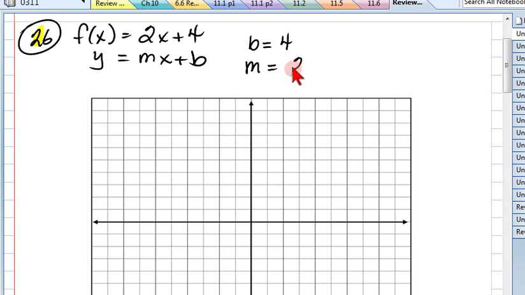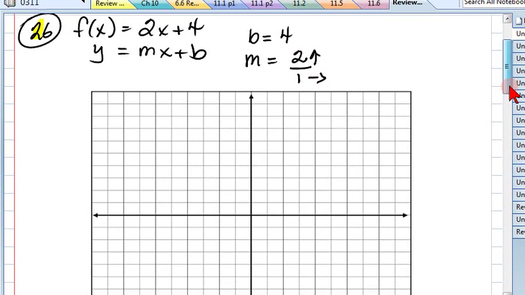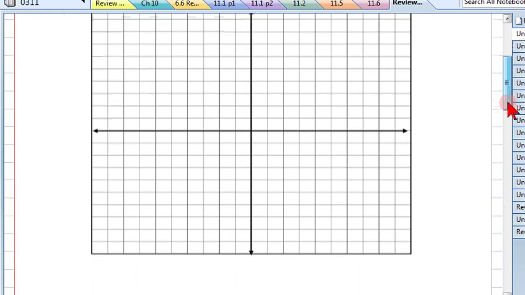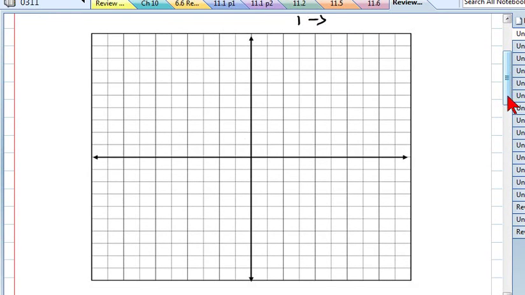Well, the slope is 2. So it's 2 over 1, which is up 2, right 1. So begin at 4, up 2, right 1. Up 2, right 1. You can do that once or you can do it a bunch of times.